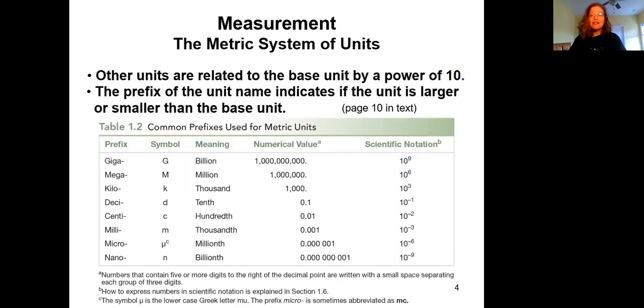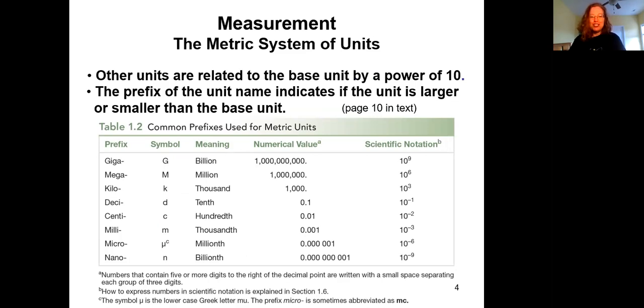Other units are related to the base unit by a power of 10. The prefix, the first part of the word that comes before meter, gram, or liter, indicates if the unit is larger or smaller than the base unit. You might have heard of gigawatts or gigabytes.